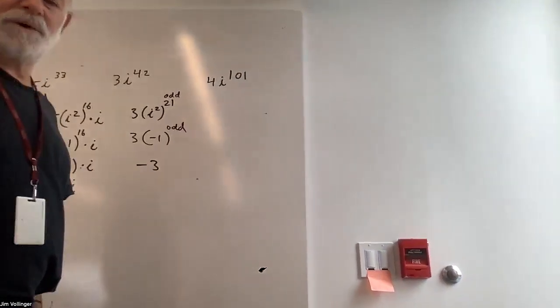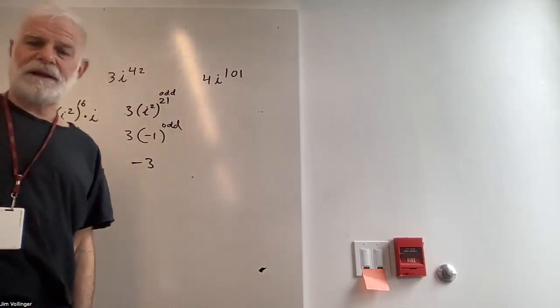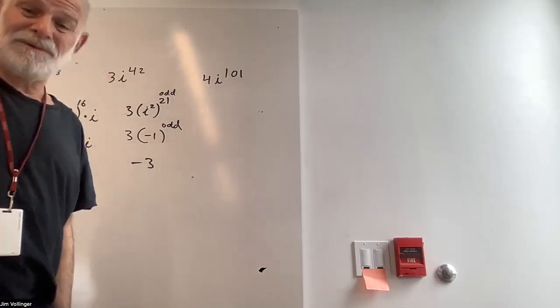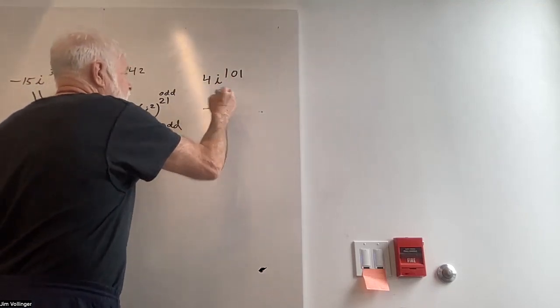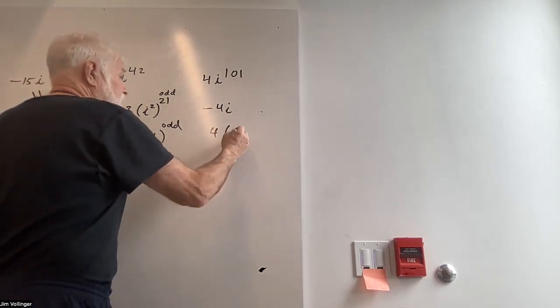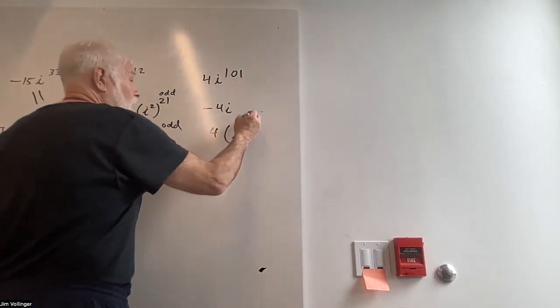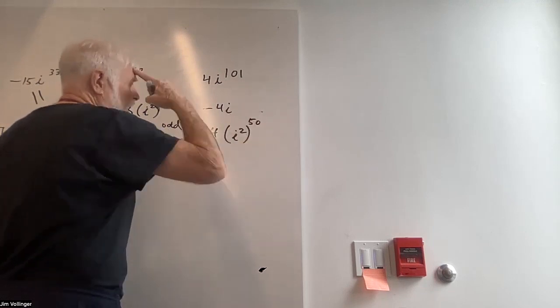All right, see if you can do this one in your head. 4i to the 101. And I'll give you a second to pause. I'll look at it and see what I see. I see -4i. Let's see if I was right. I see 4. I see i squared 50 times. I was wrong. I had 25 in my head.